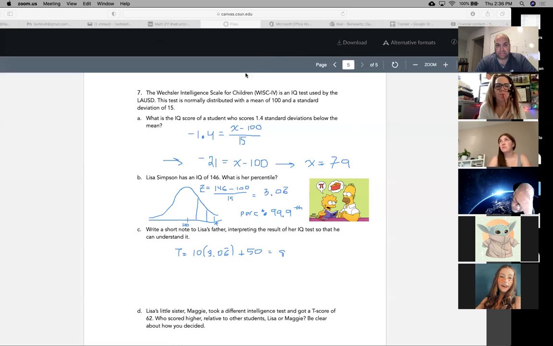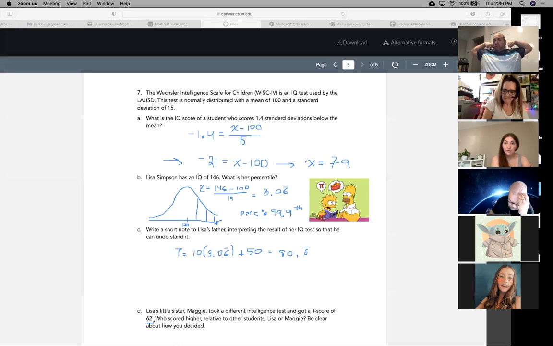Her T-score is 80.6 bar compared to Maggie, who is 62. And therefore, because Lisa's T-score is higher than Maggie's T-score, Lisa did better relative to those who took her test than Maggie did relative to those who took her test.